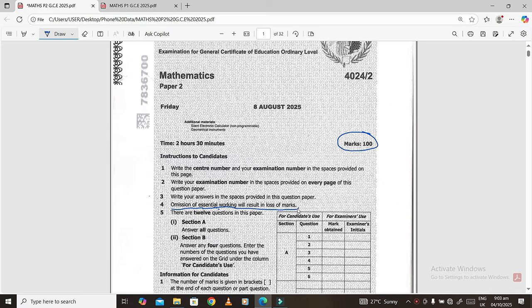Number 4 is important. It says omission of essential working will result in loss of marks.